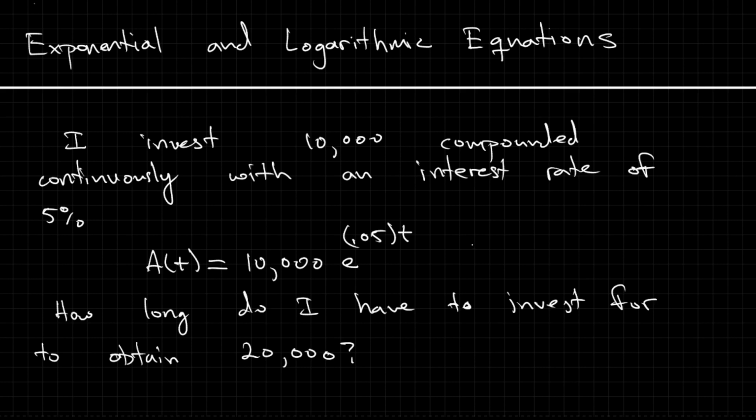So now this problem is a bit different than just asking, okay, I invest for 10 years and I put 10 in for t and I see how much money I get. Instead, we're asking, what is t so that this quantity is 20,000? So let's go ahead and write that.